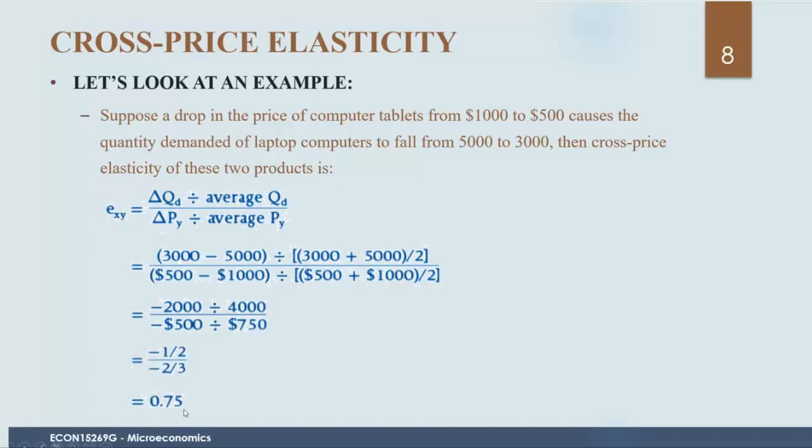In this case, we have a fall in the price, so the percentage change is negative. If that also leads to a negative percentage change in the quantity demanded, then the two goods must be substitutes. Remember my example in the mall with two pizzerias.